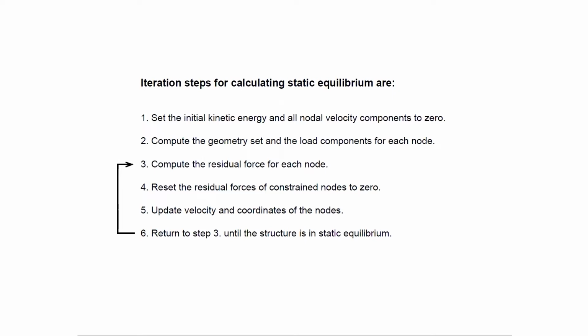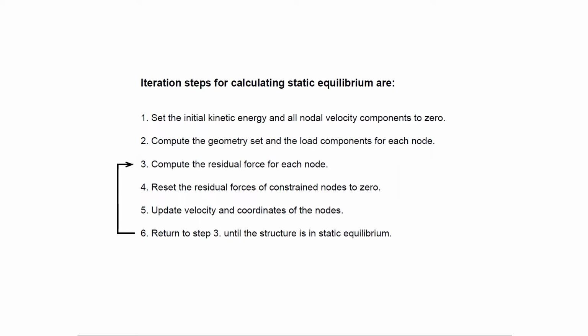So we do a loop, and we are constantly calculating this residual force and updating the positions of the nodes. It's maybe not evident that this would actually lead us to equilibrium, but it really does.